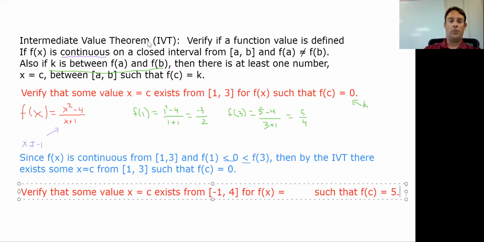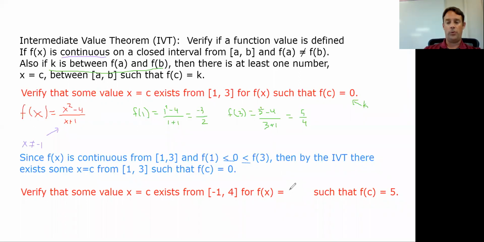And the value that I'm going to give you here is going to be x squared plus 7 over x plus 2. I want you guys to go ahead and pause the video and see if you can determine if the IVT works, if there is a value that will be equal to 5.